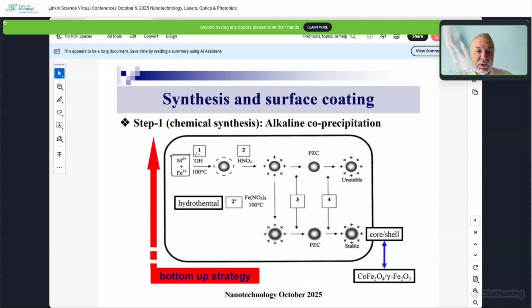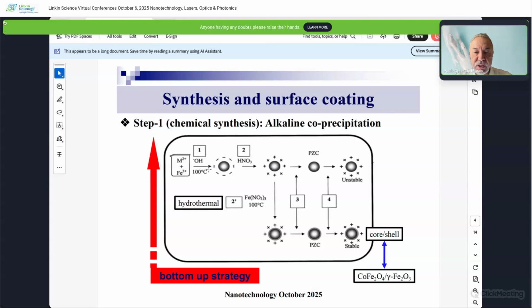And the first step is you heat up the system at about the boiling point, 100 C, and then you drop in a base, like for instance, ammonium hydroxide. And then you force precipitation of the, let's say, metal ferrite nanoparticles. In our particular case, it is cobalt ferrite nanoparticles.